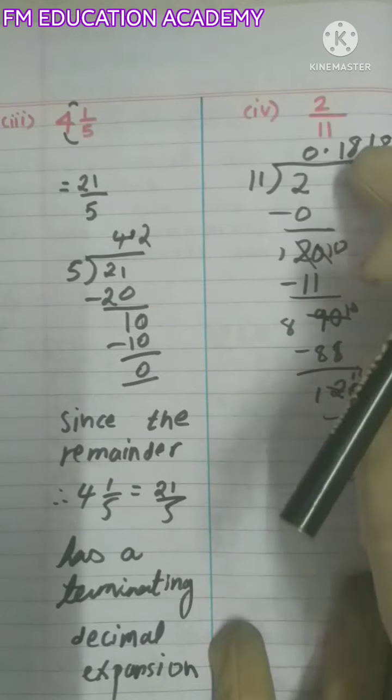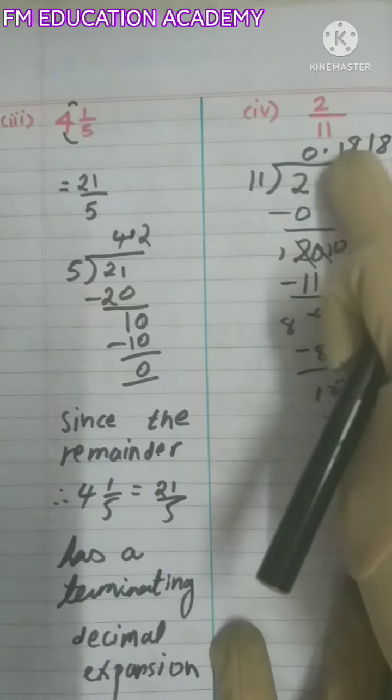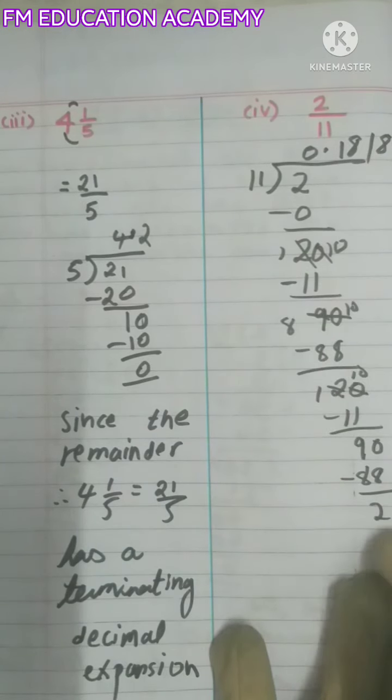So we observe that we are getting the same numbers, 90 90, 11 11, and 18 18, and we are not getting the remainder as 0.